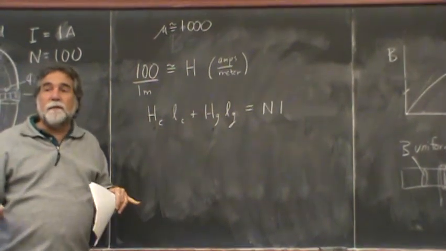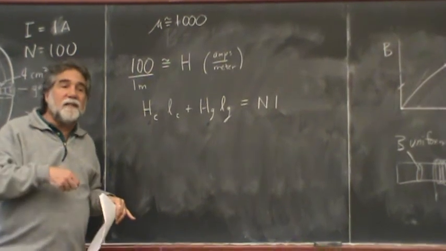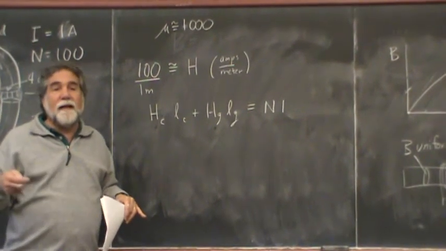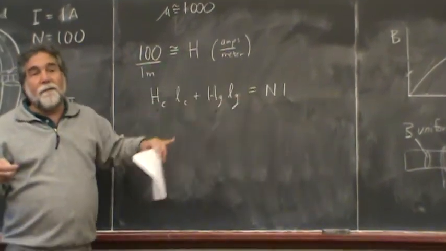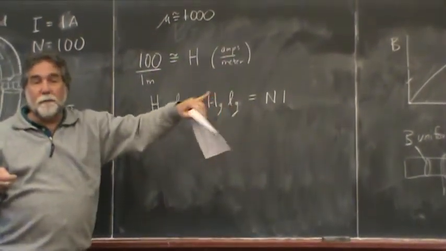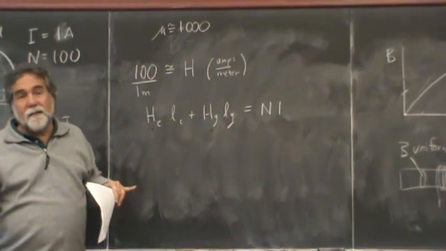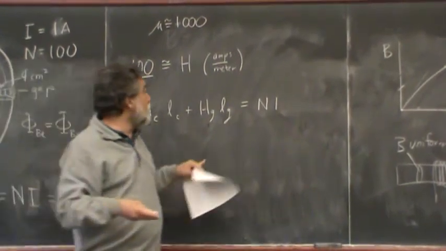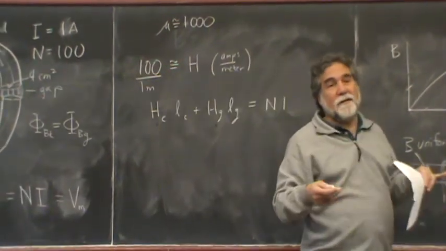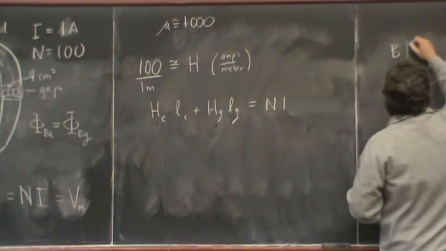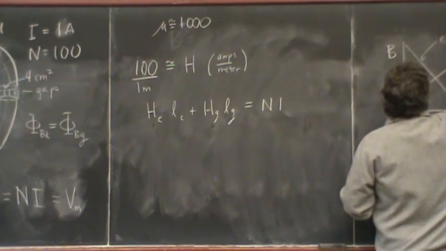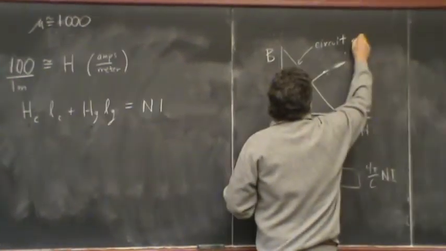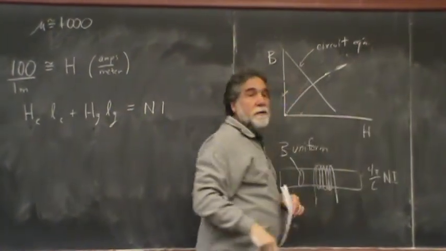And then I'll come up with a relationship between H in the core and the magnetic field and the flux. And then I'll have the material property there. By the time I'm done, it'll be linear, so I'm just going to draw it. This comes from my circuit equation, what I'm about to do.